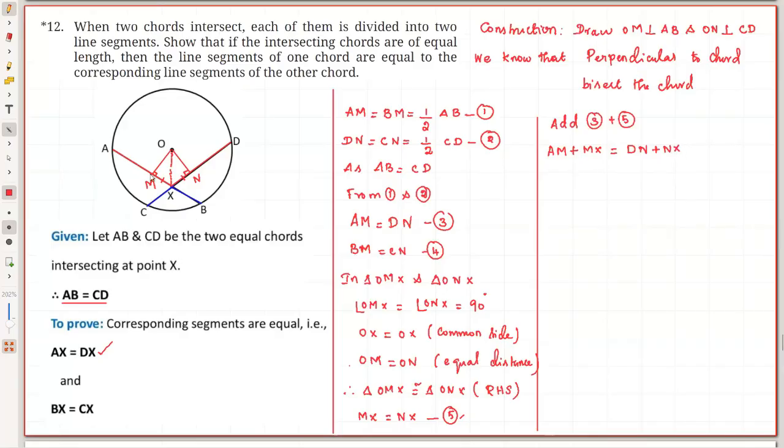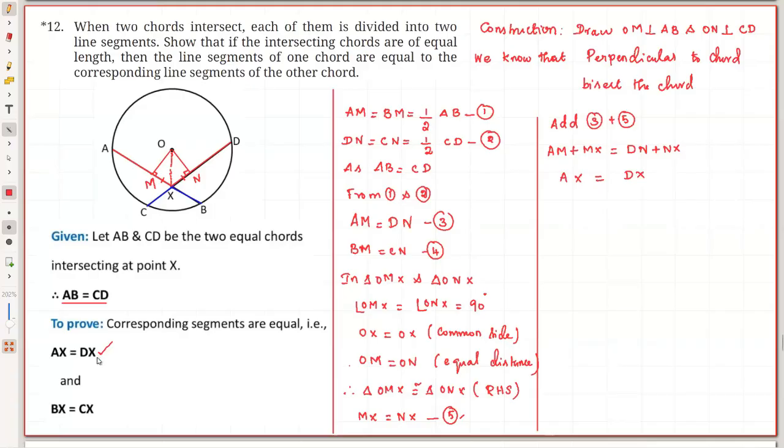See the diagram. AM plus MX, we are getting AX. So AX is equal to DN plus NX, and DN plus NX we are getting as DX. Instead of this, I can write it as DX. So the first proof is over.